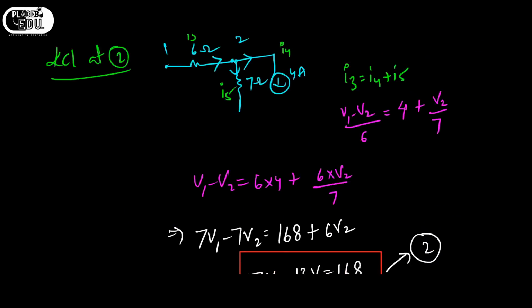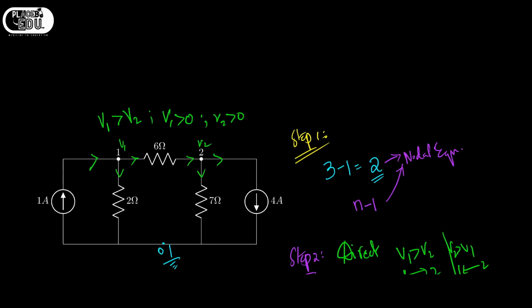See here, I told you an assumption that V1 is greater than 0, but we got V1 is equal to minus 2 V. An assumption being wrong doesn't imply our procedure is wrong. Even though we made a false assumption, we are getting the correct answer.